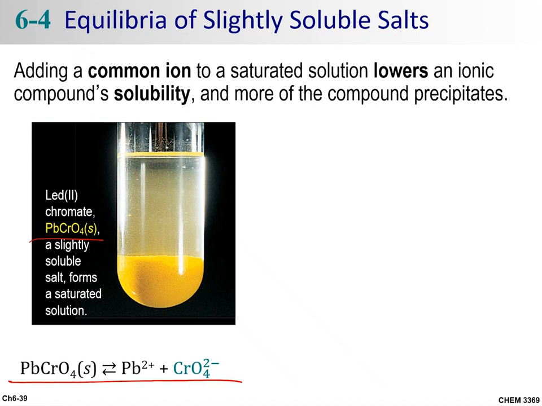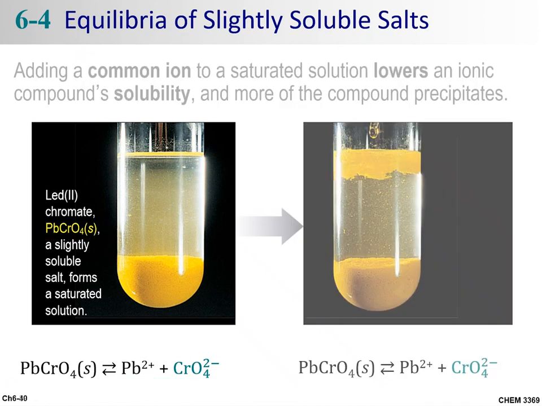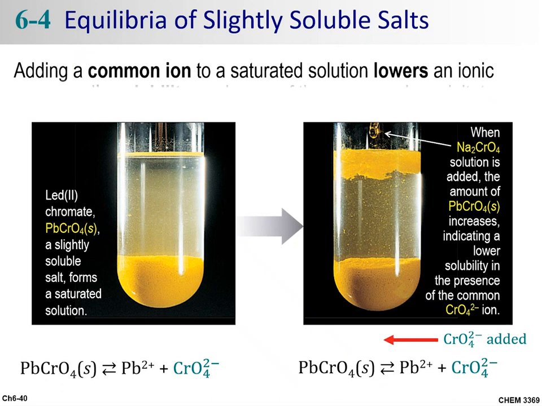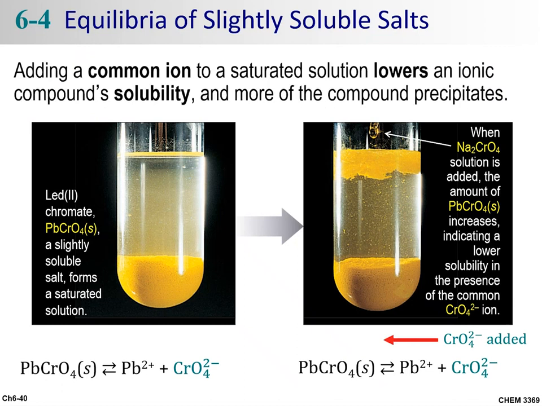Now if you add chromate to this solution, for example, if you add sodium chromate to this solution, what you should see is that all of a sudden more precipitate forms in this solution.